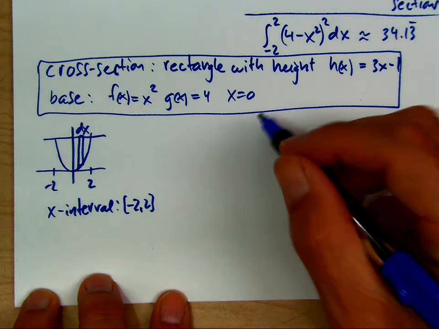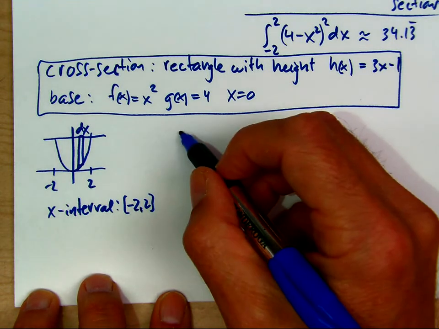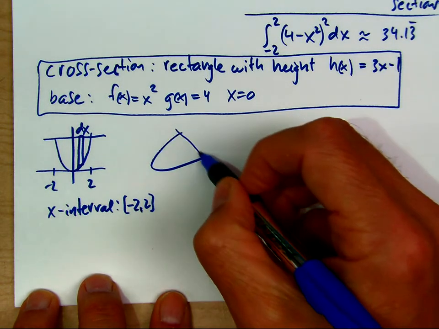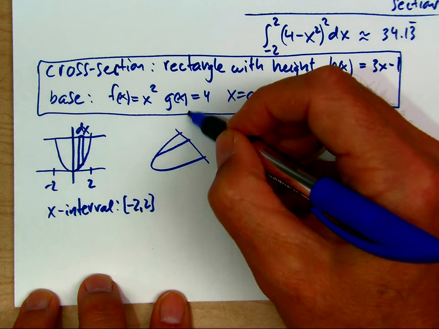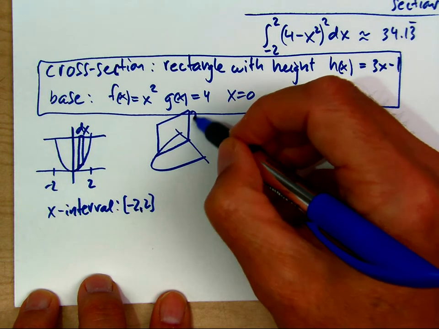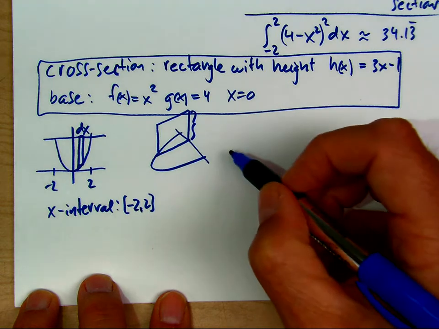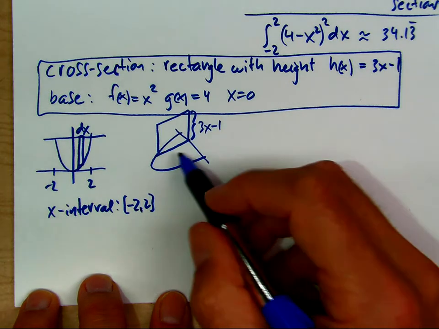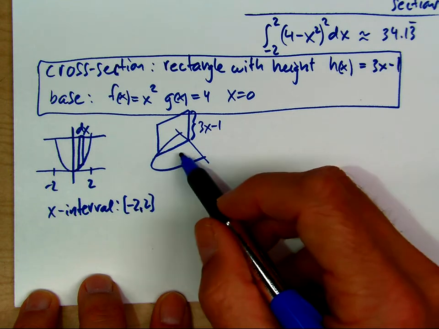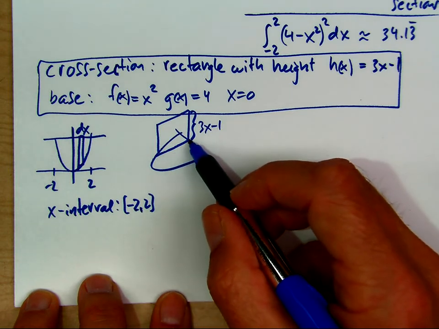So let's look at this. We're going to have a base, and then the height will be determined by 3x minus 1. And the base will be the same, 4 minus x squared.